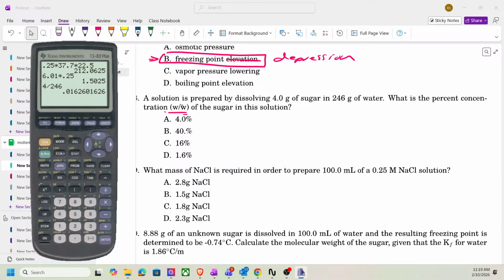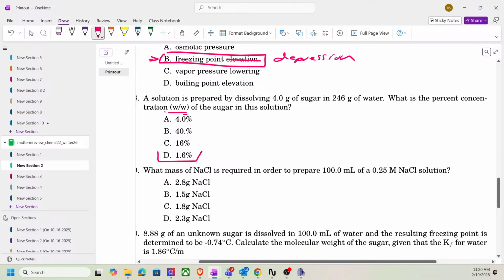I guess it doesn't make too much of a difference. That's the tricky thing about some of these weight per volume. Sometimes it's not clear whether it's a ratio or a percentage, so you have to watch the writing. Probably better to take it over the whole, but it should be around 1.6% for that one.